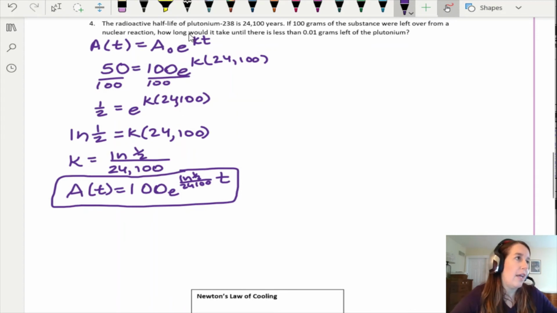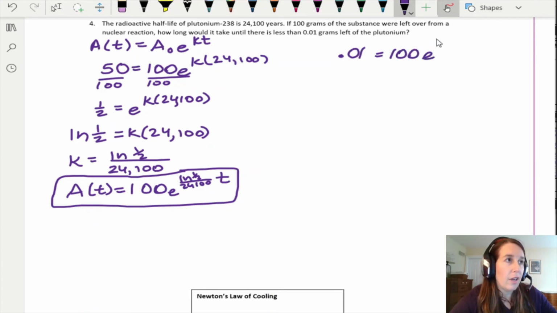So it says, how long would it take until there is less than 0.01 grams left of the plutonium? So in other words, the A amount at time t is now 0.01. That's equal to 100 e to the natural log, I'm going to change that to 0.5, tired of writing all these fractions, over 24,100 t.